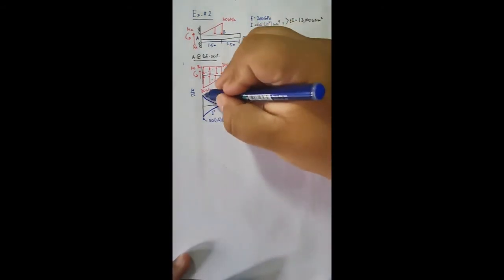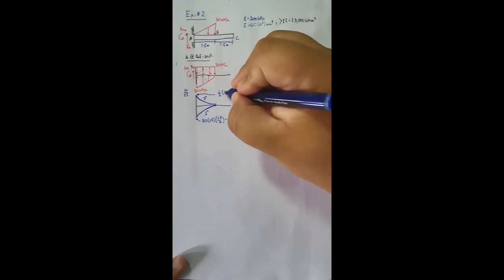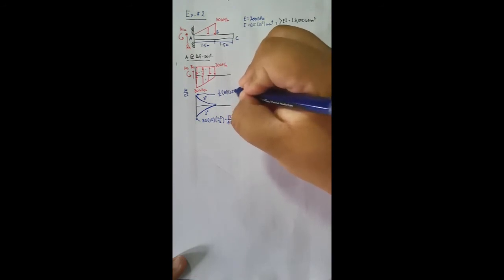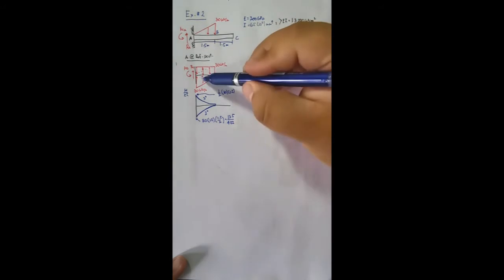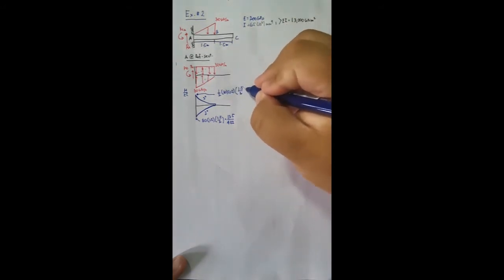Now, ang value naman nun, again, is just the moment. Kung di nyo maalala yung naka-discuss dun sa slides, you can just get the moment of the triangle about the reference section. So, that would be 1/2 times 30 times 1.5. So, force na siya, times moment arm. So, 1/3 ng 1.5. So, that is equal to 1/2 times 30 times 1.5 over 3.